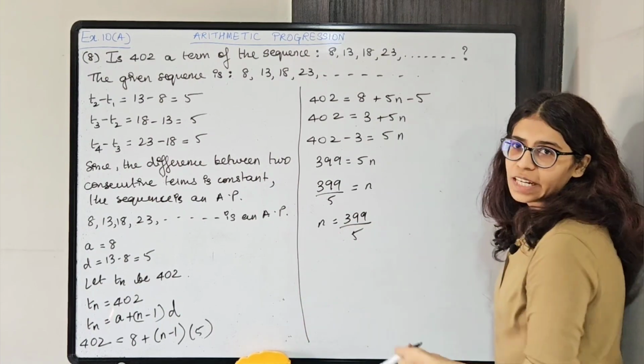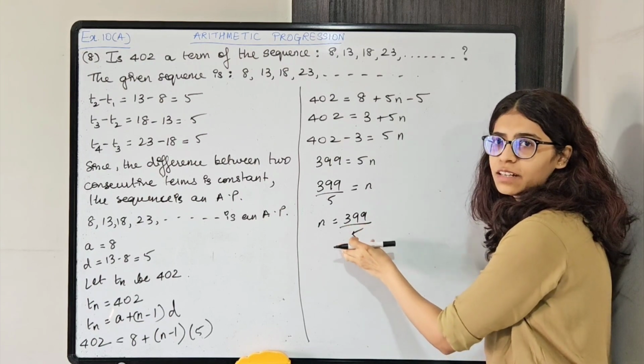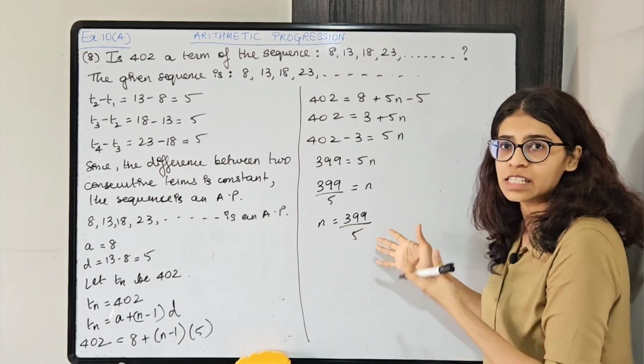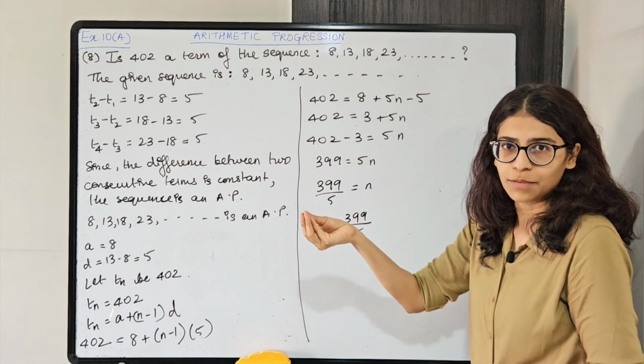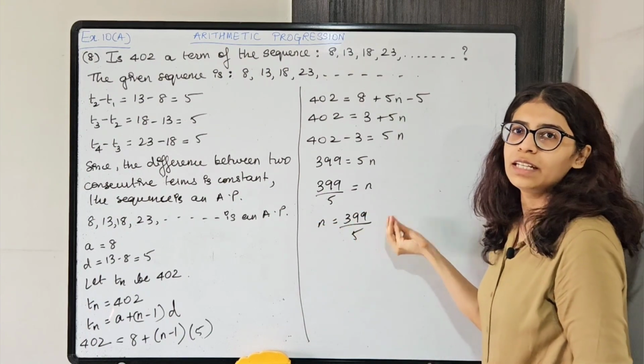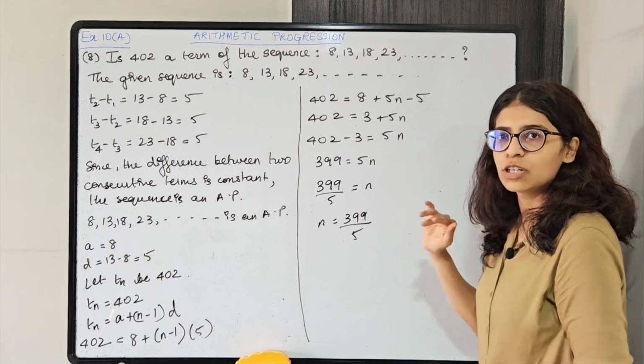If you divide, you will get a decimal value. So, can n be a decimal fraction, negative number? No. ये एक नंबर है, हम लोग नंबर अलॉट कर रहे हैं. So, how can it be negative or fraction or decimal or anything like that? No, it's not possible.